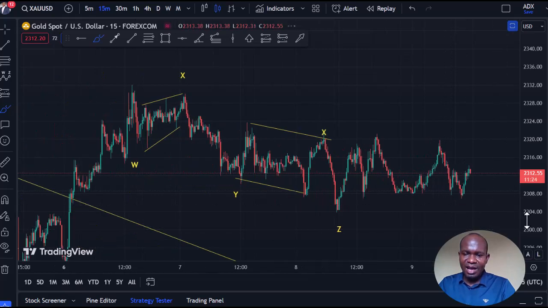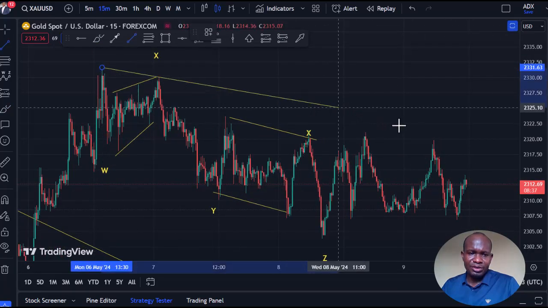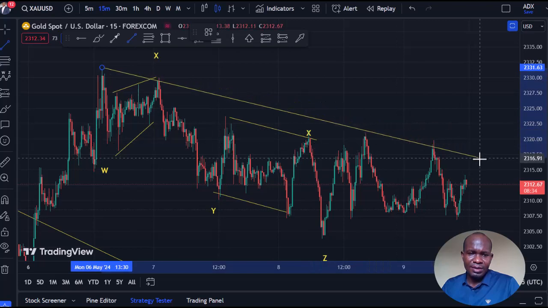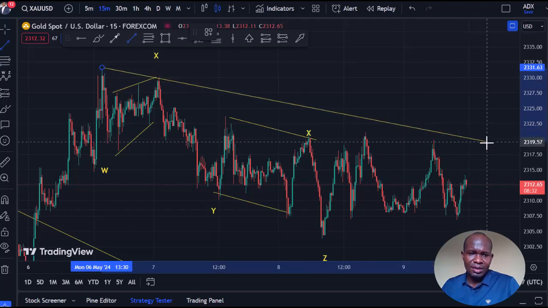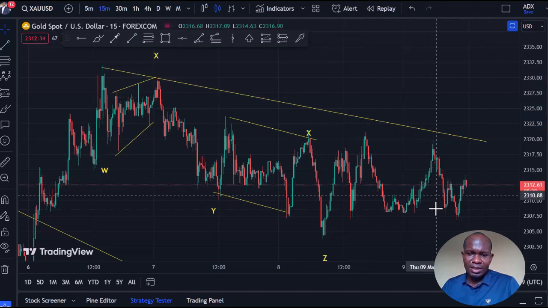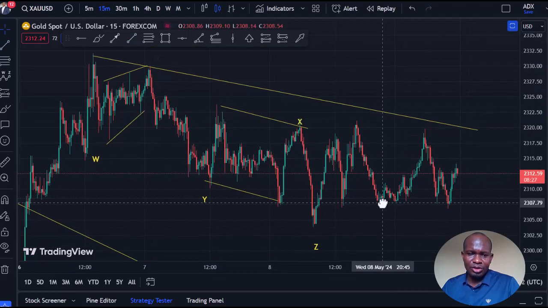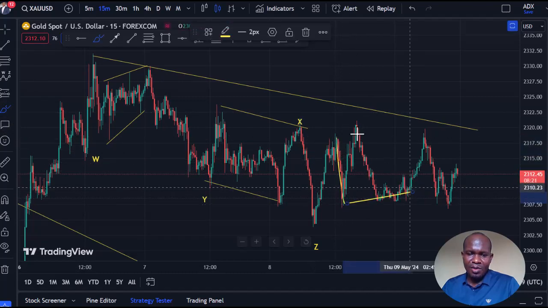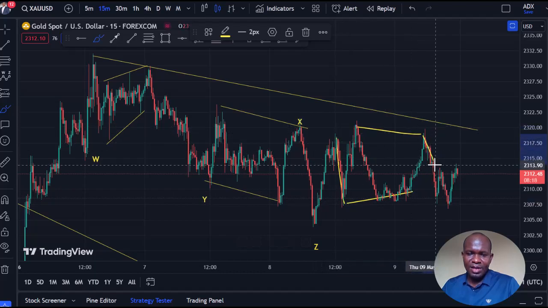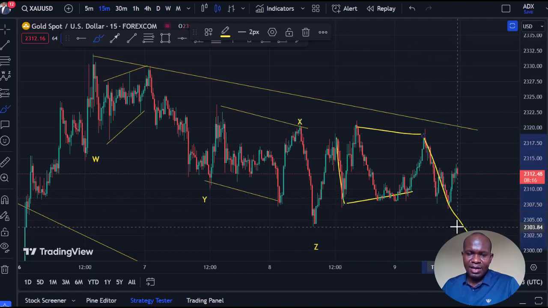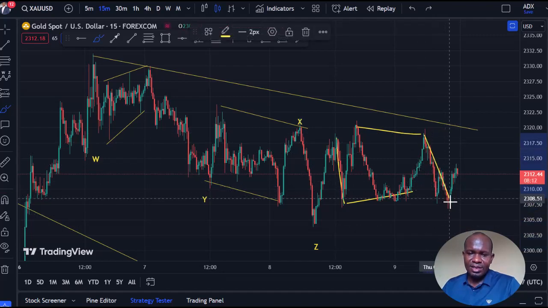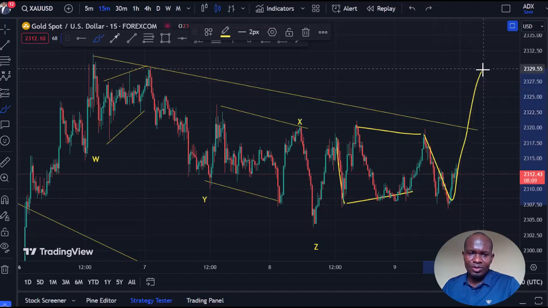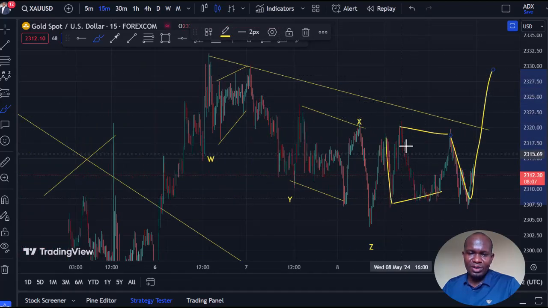From the 15 minutes time frame, put on this trend here. We can see that this is a complex structure, a more complex corrective structure, after which this market goes higher to complete that move we saw up.